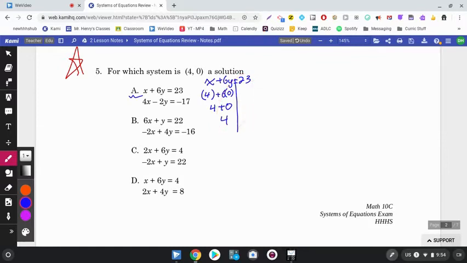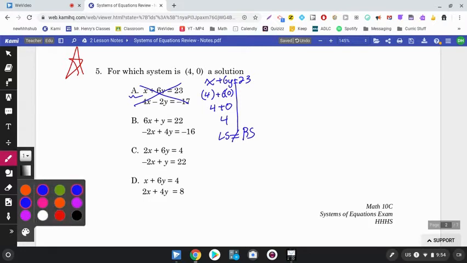So 4 does not equal 23. Cross that off. That cannot be a solution. I don't even have to bother checking the second equation because it didn't work for one of them. It needs to work for both equations in order for it to be a solution.